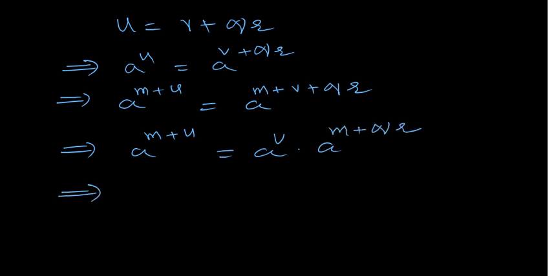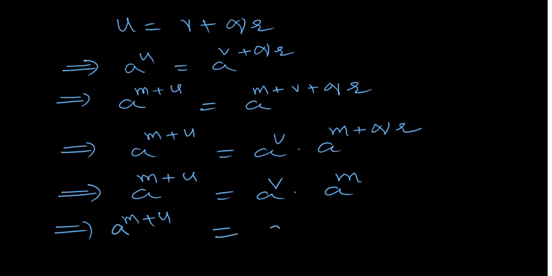You can verify that a power m plus qr is equal to a power m using a power m equal to a power m plus r. So it implies that a power m plus u is equal to a power m plus v. Verify this: a power m plus qr equals a power m for every positive integer q.